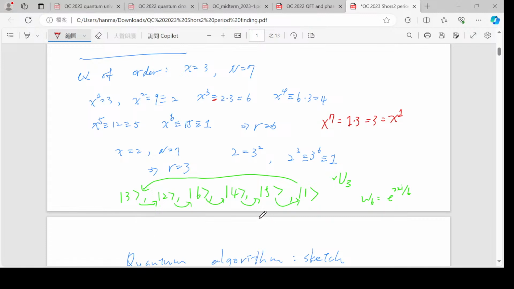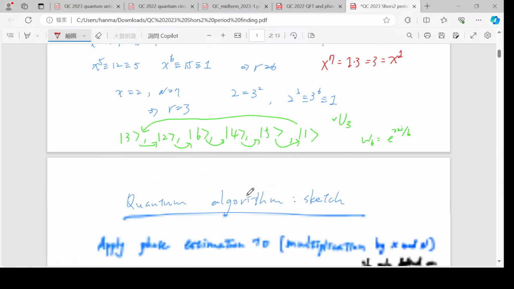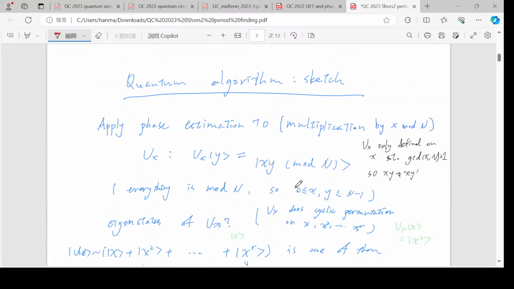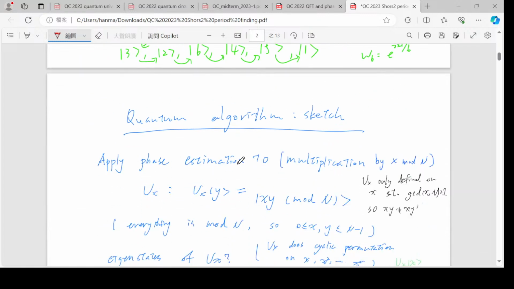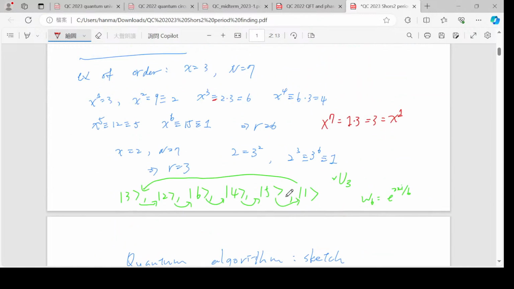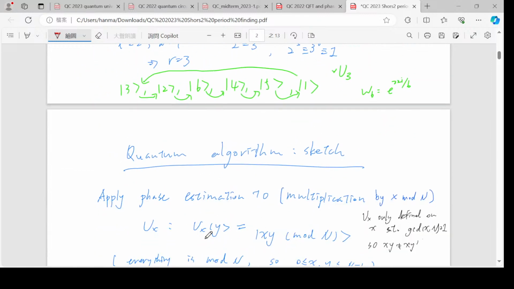You think about constructing a quantum gate that does multiplication like this: U_x y equals xy mod N. So U sub x depends on x, and it will multiply any integer y to xy mod N. If we have this quantum gate, then when we do phase estimation on this U_x, we find that we can get very good information on r.